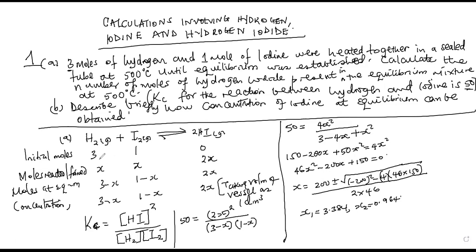So if you have initial moles at 3, and you find the value of x as 3.384, it means that we shall discard this and take the other, because if you substitute 3.384, you'll be getting negative moles, which is not possible. So we shall discard 3.384. Reason why it has been discarded? It gives a negative value for moles of hydrogen.